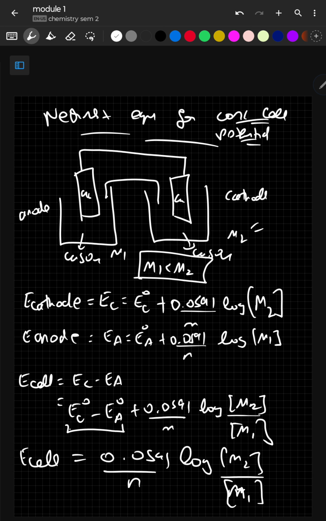For the Nernst equation, first you draw the diagram, then you write E cathode, which is EC, which is EC naught plus 0.0591 by n log M2. E anode similarly is EA, which is EA naught plus 0.0591 by n log of M1. Then you write E cell potential, which is cathode minus anode, E cathode minus E anode.